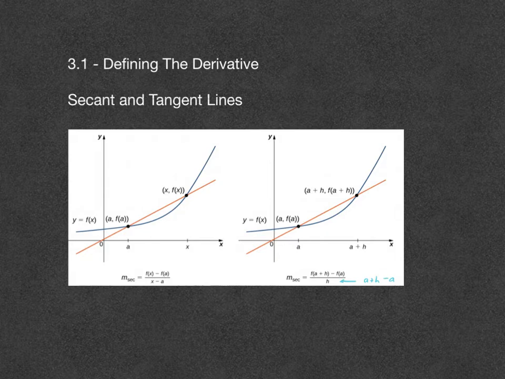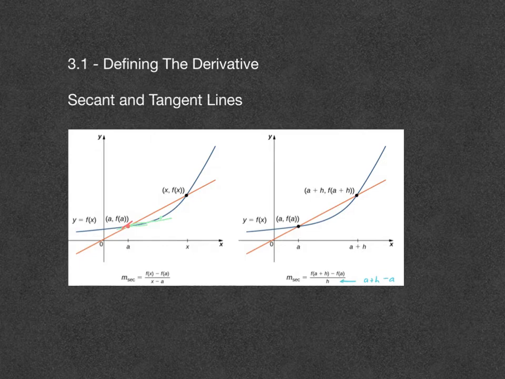And where we start talking now about tangent lines is, what if I get a little bit closer and draw another secant line? Or what if I get closer still and draw another secant line that looks really messy? Well, for tangent lines, what is the slope when I am at exactly that point a?